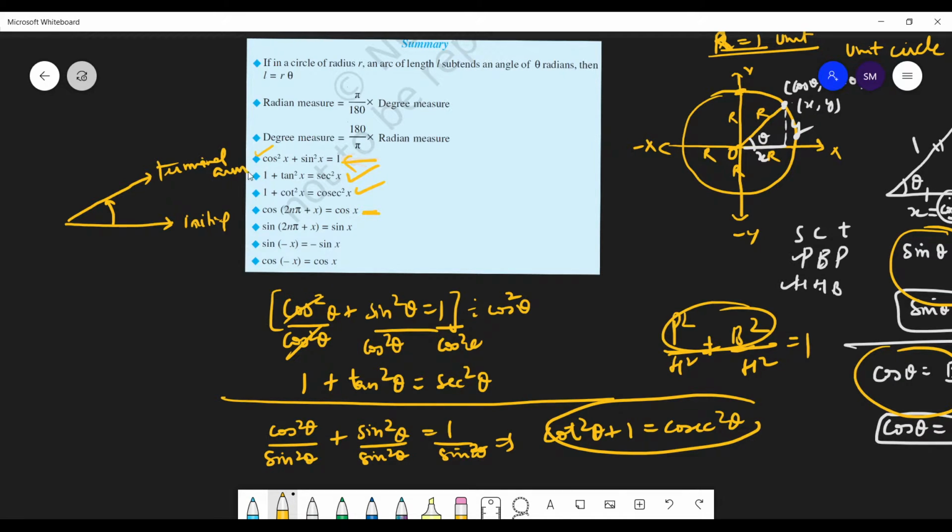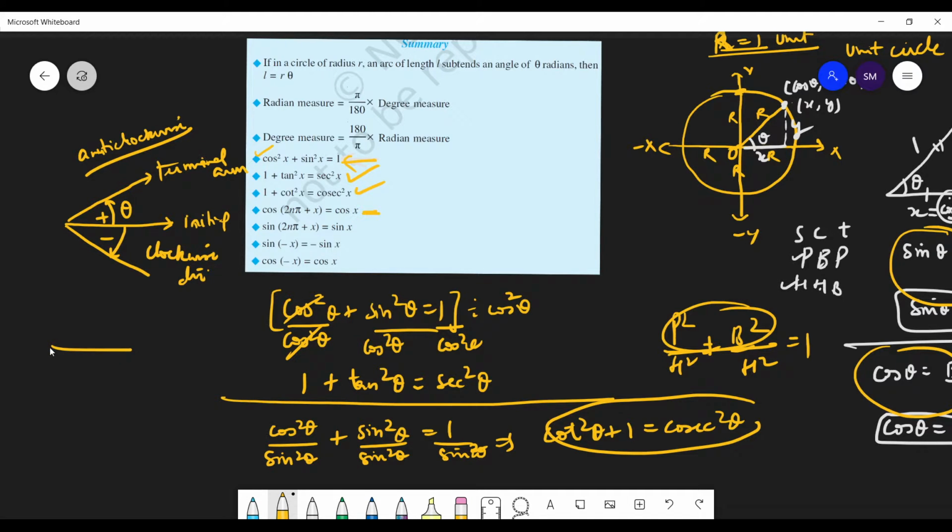This is angle theta. If you are moving anti-clockwise, then this theta is positive. But if you move in clockwise direction, then this angle is negative.